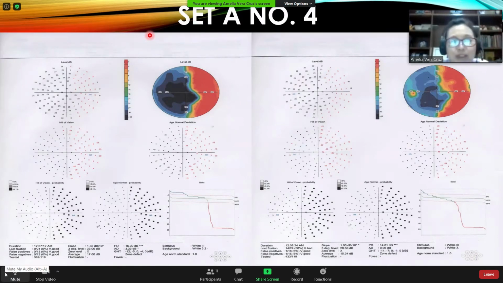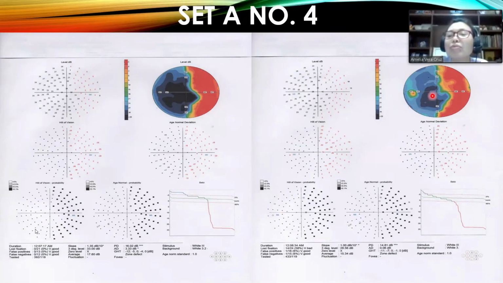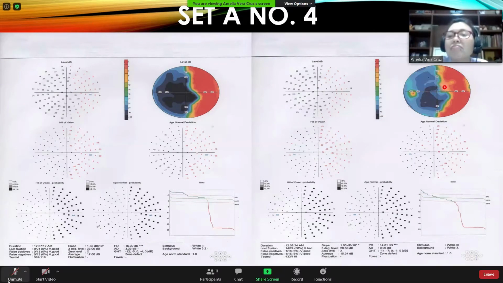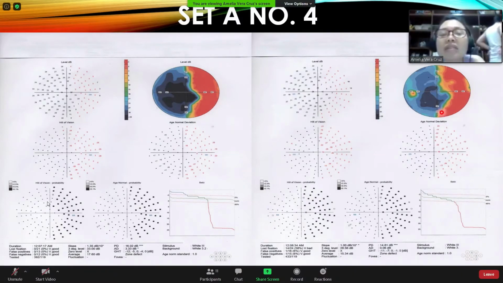Remember, you have your macular sparing. So where does macular sparing usually happen? The macula is spared, so the vision here is still okay. It's still 20/30.